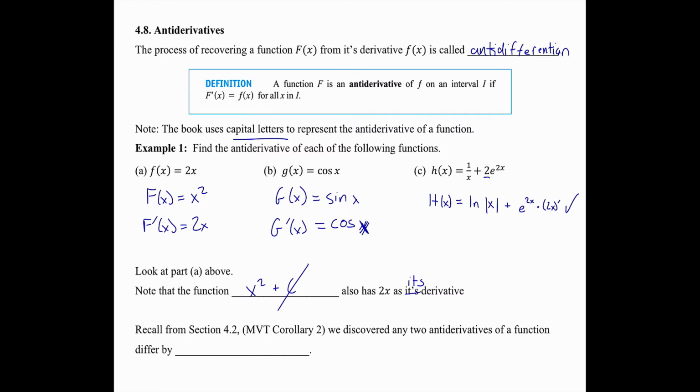But anyway, recall that from section 4.2 we discovered that two antiderivatives of a function differ simply by an arbitrary constant. Arbitrary simply meaning that we don't care what the constant is because the derivative of a constant, as we have figured out many times, is just 0.